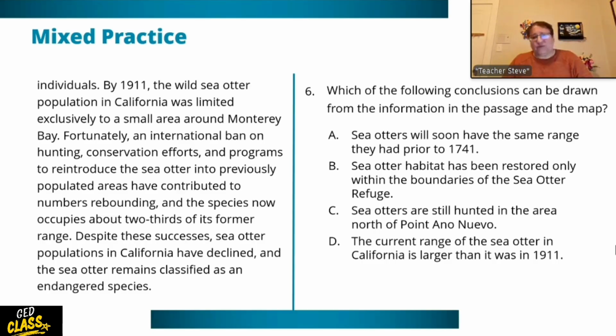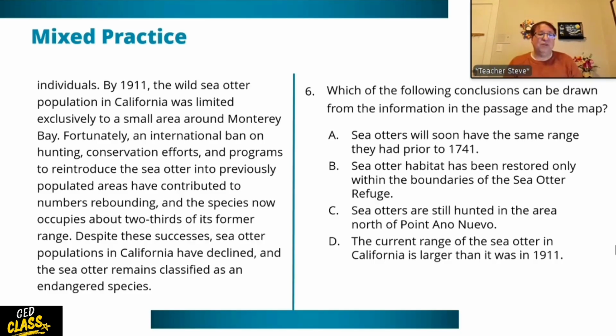On test day, you will be able to navigate it a little better, but because you're relying upon me to do the navigation here, we're going to talk through this one together. We want conclusions that are drawn from both the passage and the map.